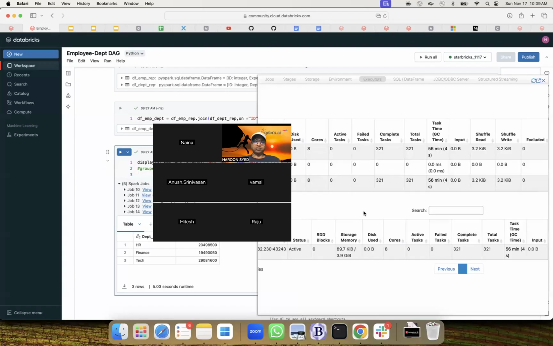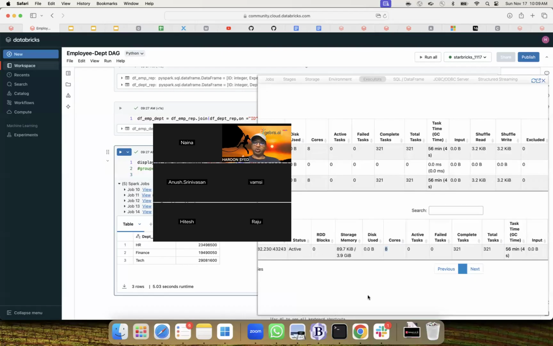Okay, so are you saying that only one task will be handled at one point, and the rest are in the queue, going in round robin fashion? Yeah, 8 cores, right? 8 tasks at one time it can run. It can work in parallel on 8 partitions at one time.